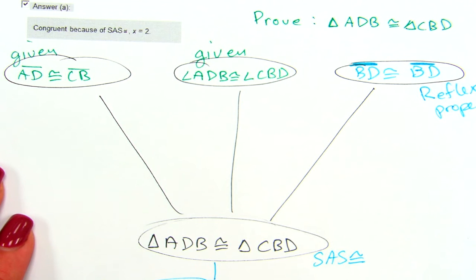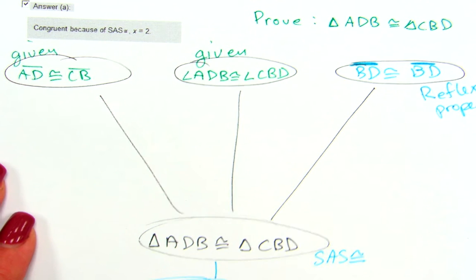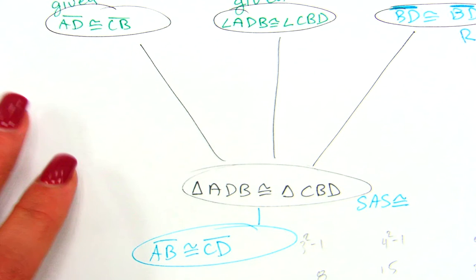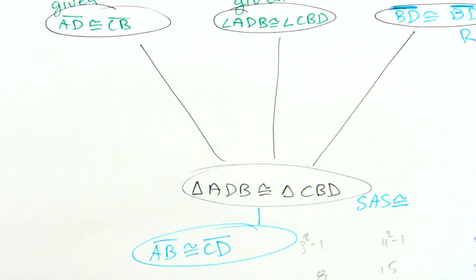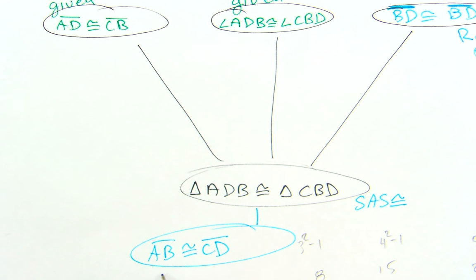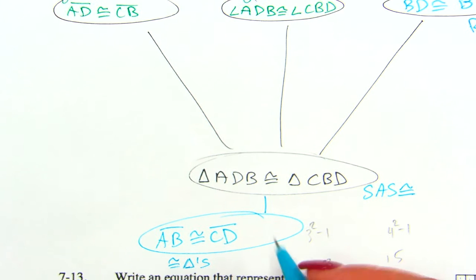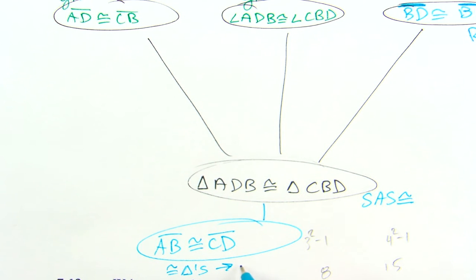Okay, that means that AB has to be congruent to CD, and the reasoning is, according to your book, that congruent triangles, which is what we proved, gives you congruent parts.